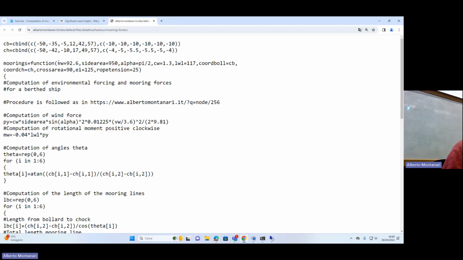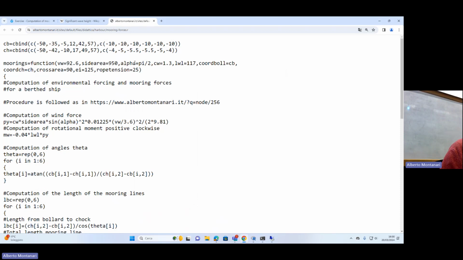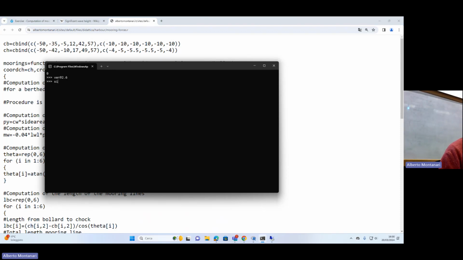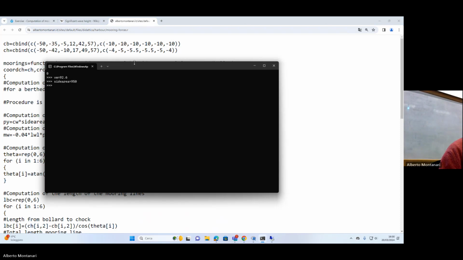The variables are WM equal 92.6, and side area equal to 950. And then alpha is equal to math.pi divided by 2.